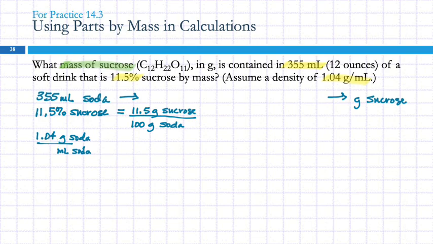So that tells me I could convert milliliters of soda into grams of soda. And then I'm trying to get to grams of sucrose. And over here, this relates grams of sucrose and grams of soda. So I could go from grams of soda to grams of sucrose.